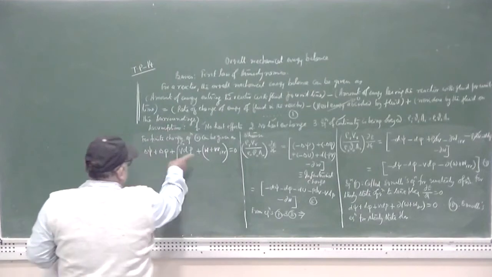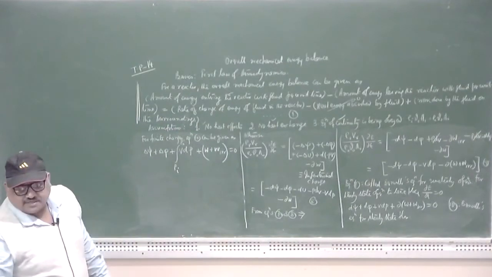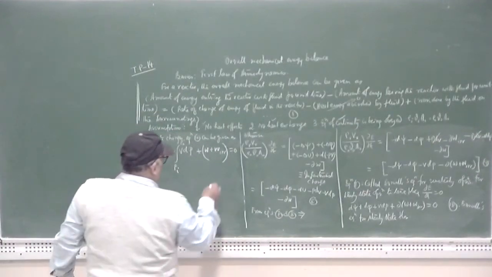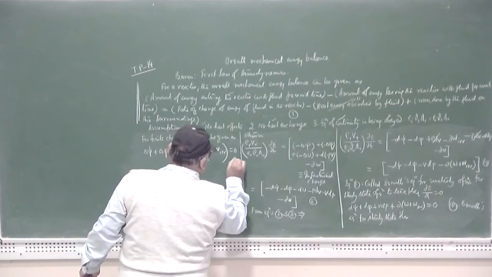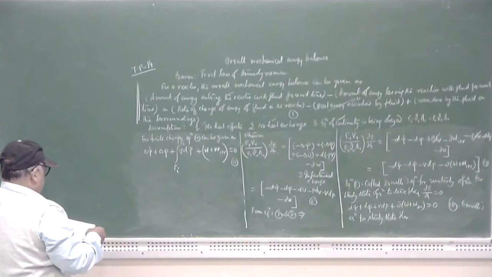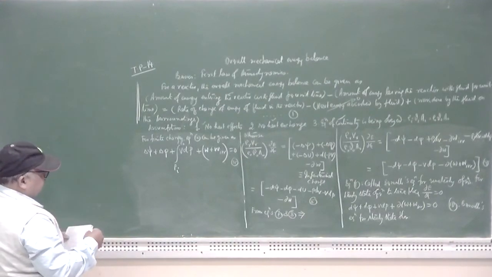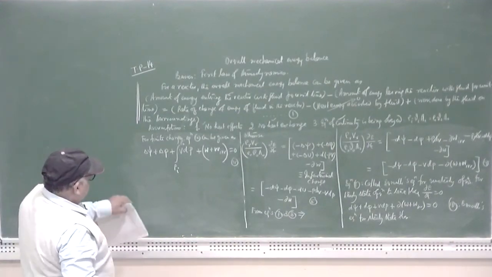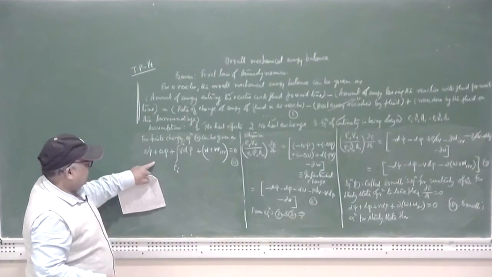Because this is a state function, the integration of the state function term is again 0. So, this is your Bernoulli equation for the steady state for the finite changes.